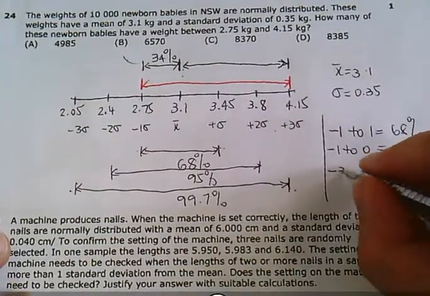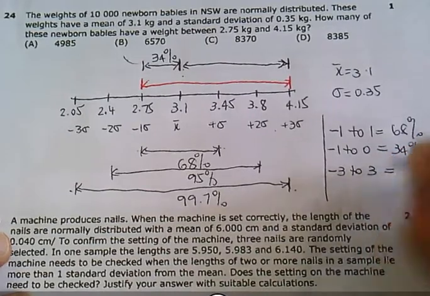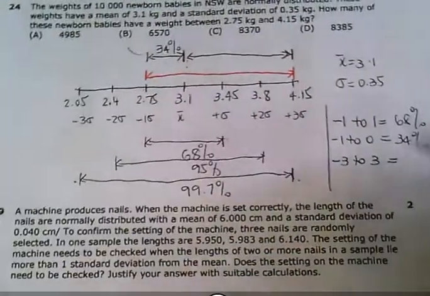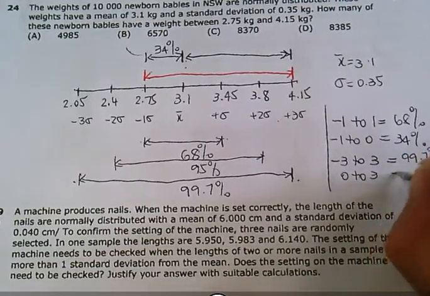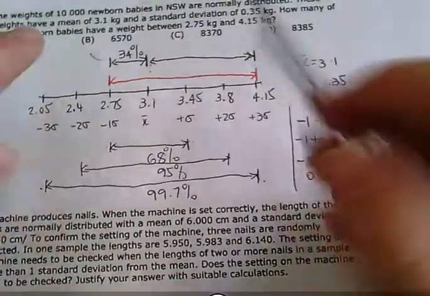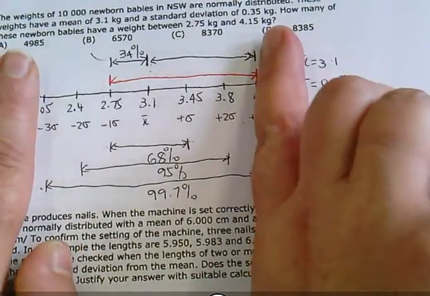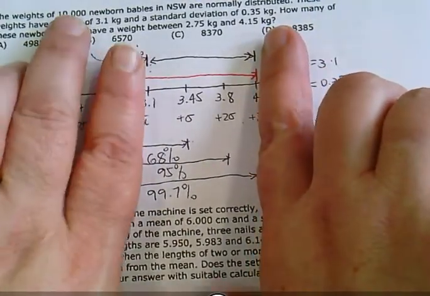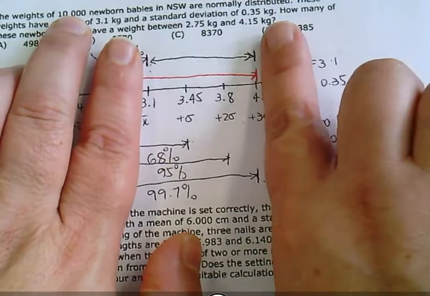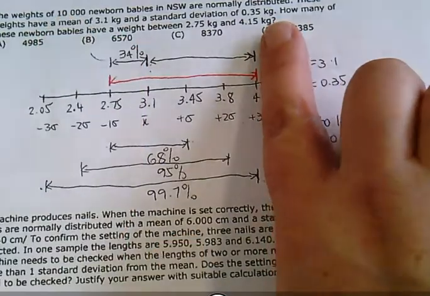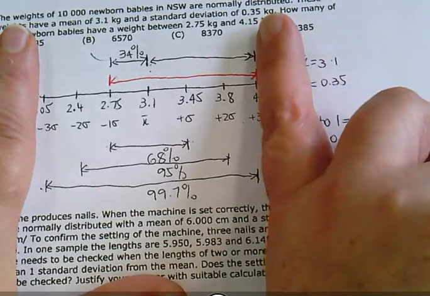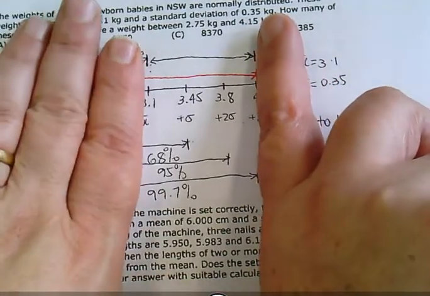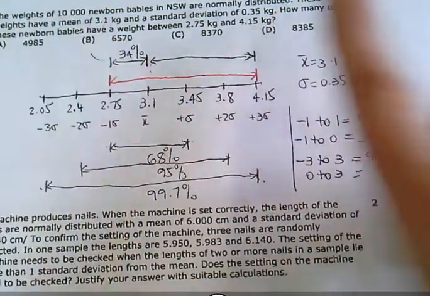I know from -3 to +3 standard deviations, it's 99.7%. So from 0 to 3 standard deviations, I know it's half of that. 0 means no standard deviations. If from there to there is 99.7, the bit I want is half of it.